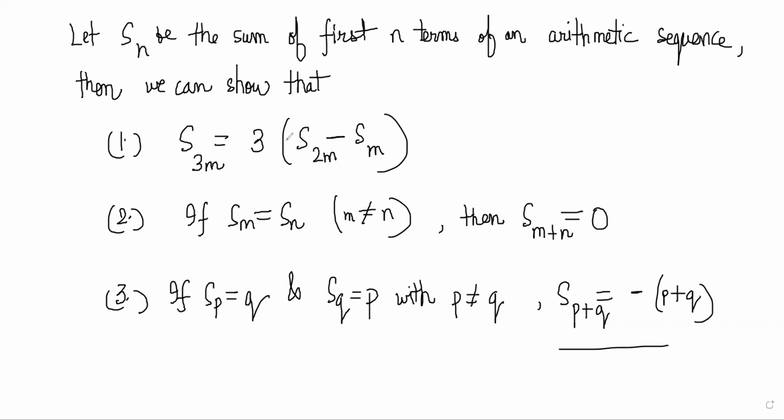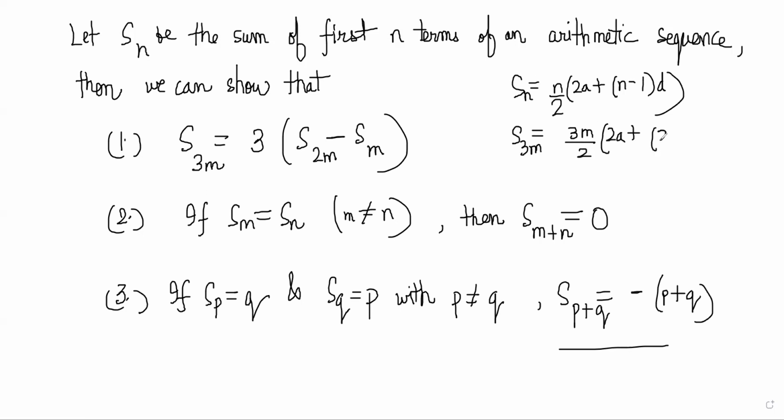Now all these three properties can be proved using the formulas that we have derived. So S of n is n by 2 into 2a plus n minus 1 into d, right? Now n is 3m here. Let's look at the first property. S of 3m would be 3m by 2 into 2a plus 3m minus 1 into d.